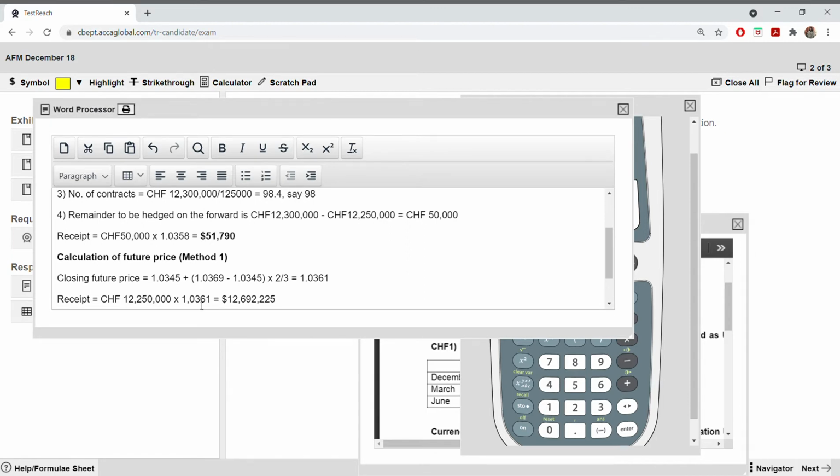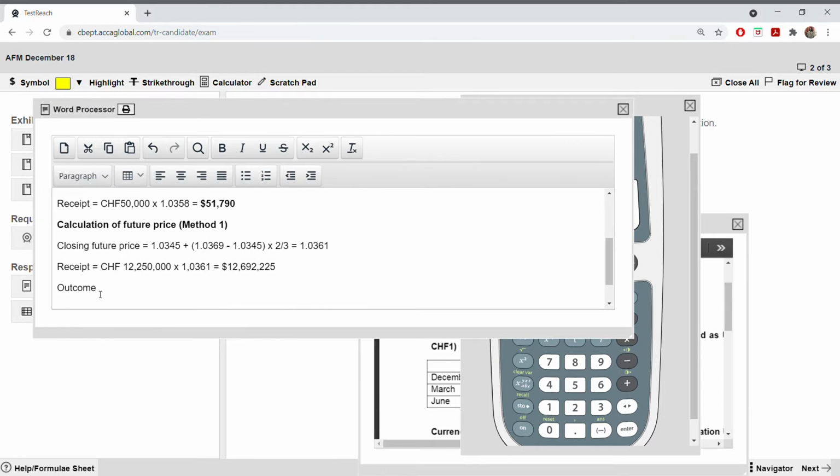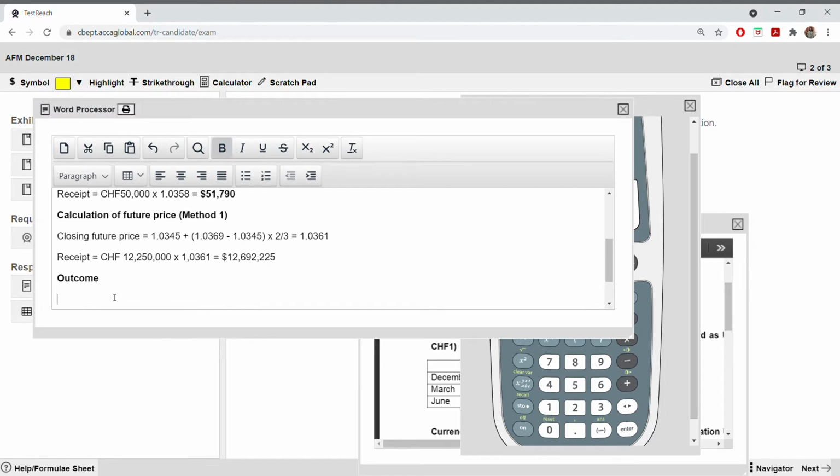So this is the answer. Now the outcome, bold. Under outcome, what am I going to write? Definitely the whole scenario, forward and future.